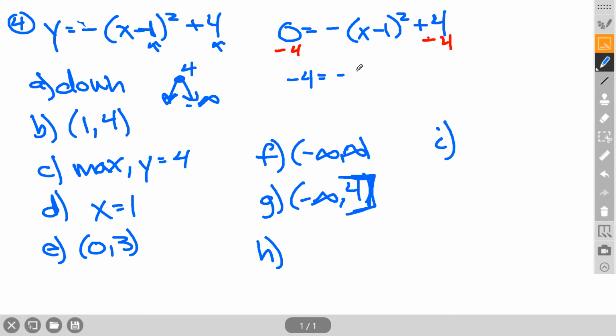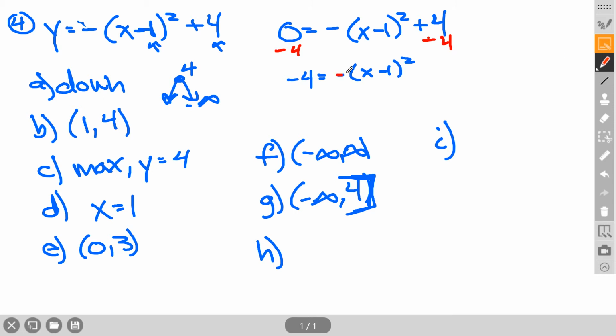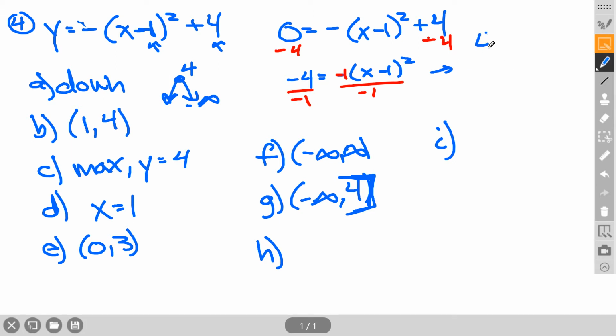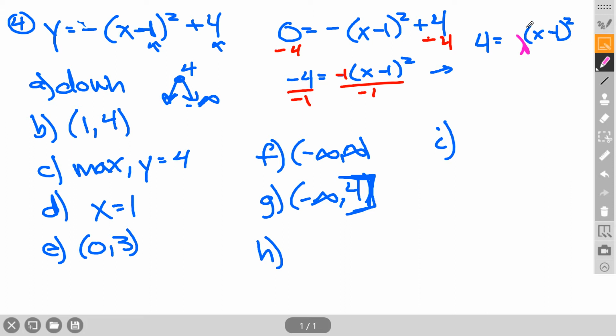Negative 4 equals negative (x minus 1) squared. Alright, before I can take the square root, I am going to have to get rid of this a value. So I'm going to divide by negative 1 to get rid of it, which is going to give me 4 equals (x minus 1) squared. And now that the a value is gone, now I can square root. Don't forget plus or minus.